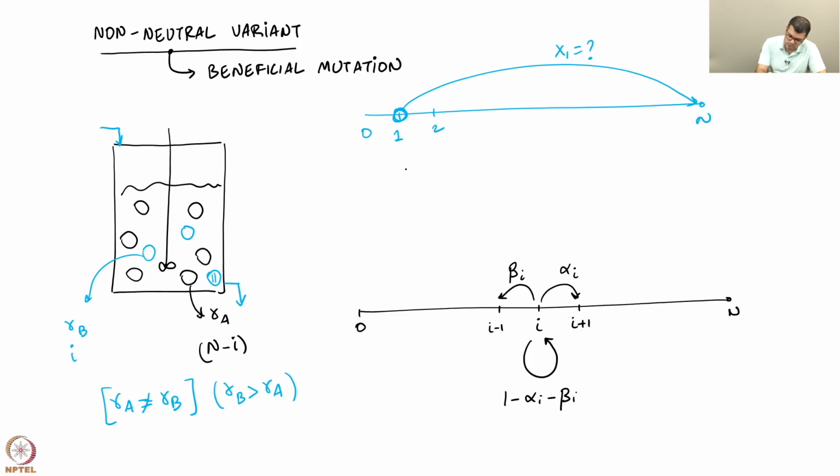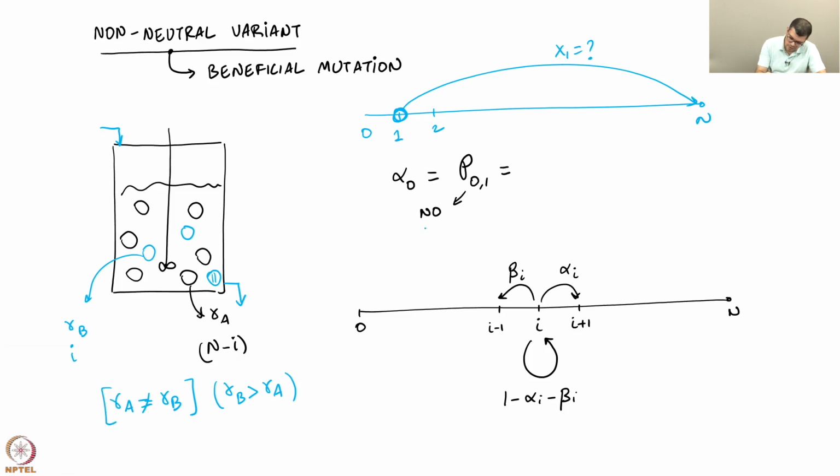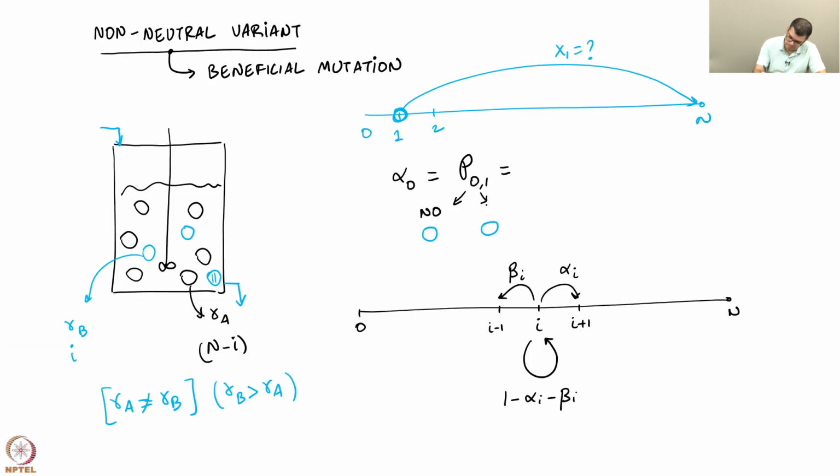Let us also discuss what is alpha naught. So, alpha i is the probability of transitioning from i to i plus 1. So, alpha naught is the probability of transitioning from 0 to 1. That means transitioning from a state where there were no blue individuals to a state where there is one blue individual.